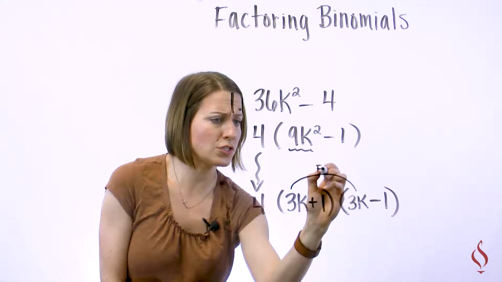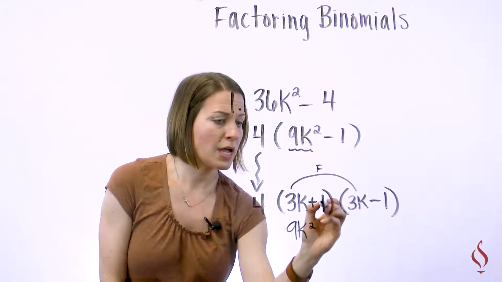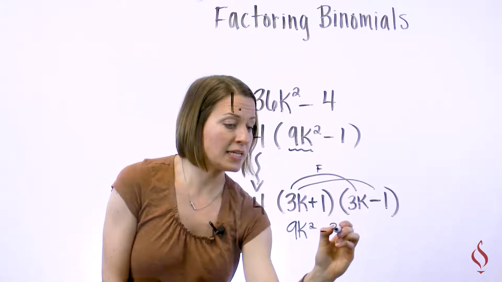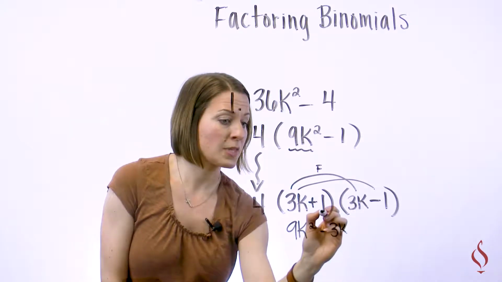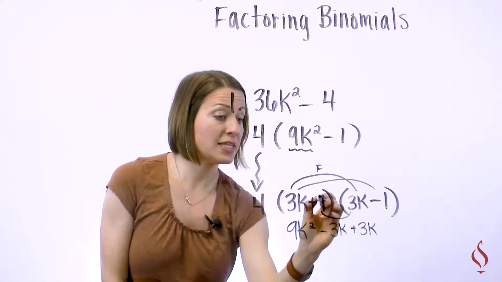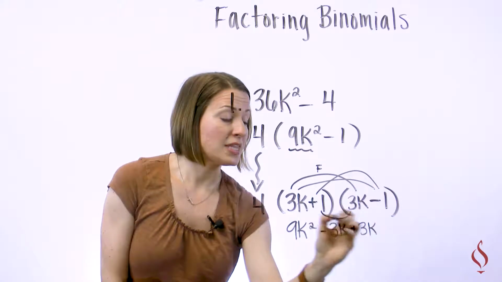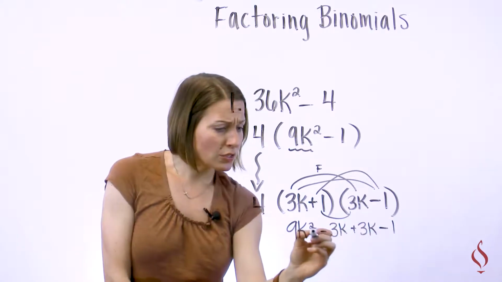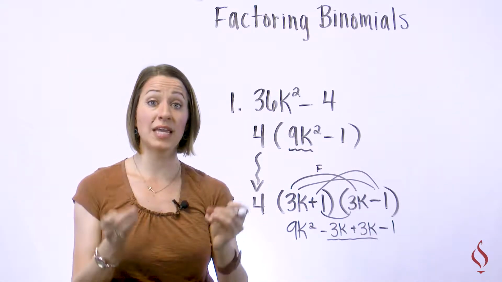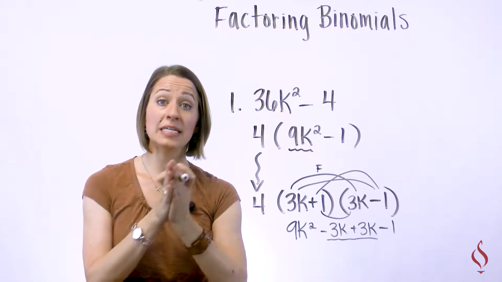If you do the first term, there's your 9k squared. The outside is negative 3k. The inside is positive 3k. And the last is your negative 1. Look what happens here: that negative 3k and positive 3k cancel, and that is how it became a binomial instead of a trinomial.